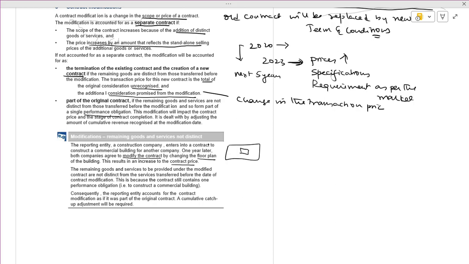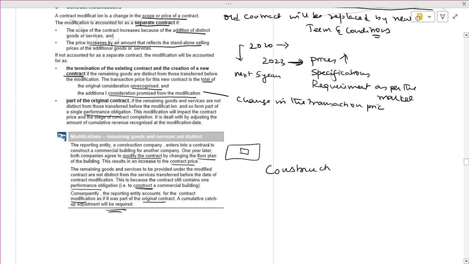This is because the contract still contains one performance obligation. What is the performance obligation? To construct the building. Consequently, the reporting entity accounts for the contract modification as a part of the original contract, is it? But there is a cumulative catch-up adjustment that will be required. Means the obligation is you have to make a construction.